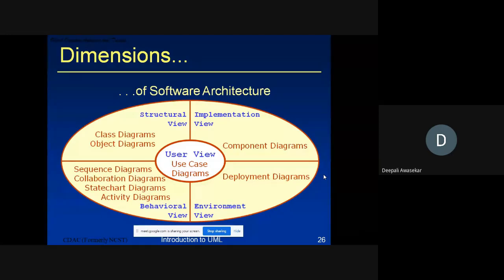When we want to show the behavioral view, we draw sequence diagram, collaboration diagram, state chart diagram, activity diagram. When we want to understand the implementation view, we see and draw the component diagram. And when we want to understand the environmental view, we draw the deployment diagram. Use case diagrams are drawn to understand the user view.